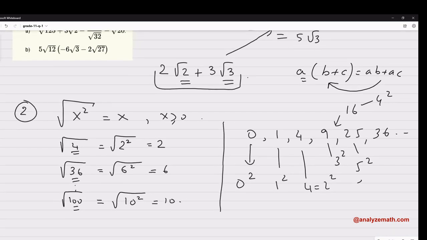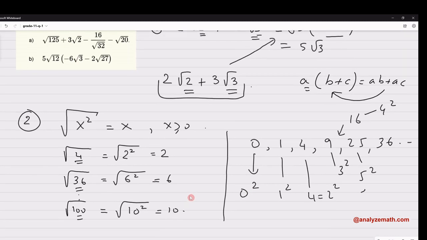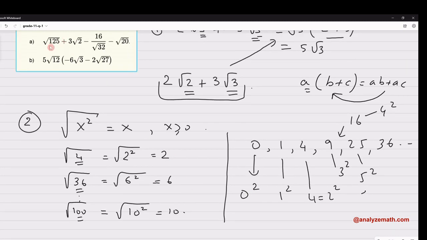Now in part A here, we need to simplify the expression, and when we look at it, it has different radicands: 125 here, 2 here, 32 here, and 20. So what we need to do is to write these radicands as a product of perfect squares. Now the square root of 2 cannot be simplified.